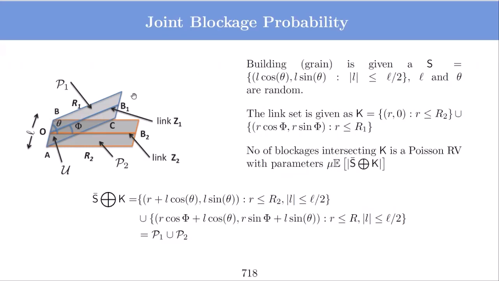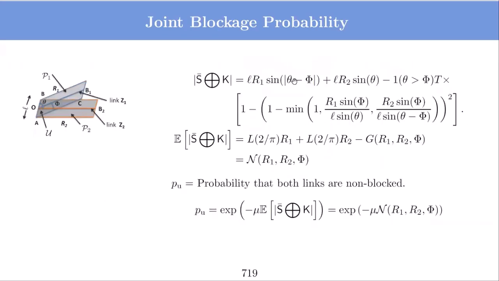Okay, so this will give you the union of two parallelograms. Okay, the area of the parallelograms you can compute is given by this particular form, and then you have to compute the expected value. And then from the expected value you can compute the blockage probability, which will be given by this.